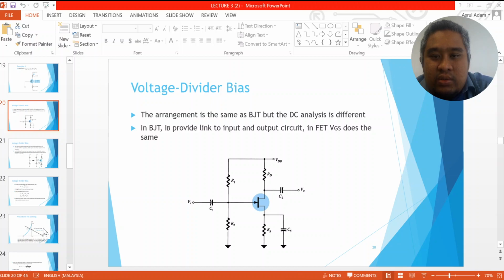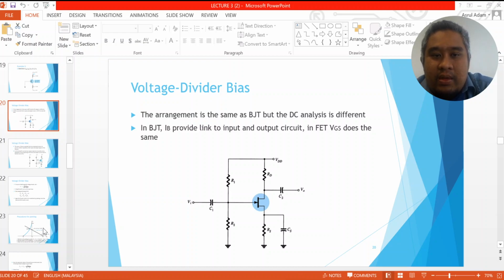The main thing is that the arrangement of the circuit is the same as the BJT, but the difference is the steps of the DC analysis. We will do it in a different way compared with the BJT.